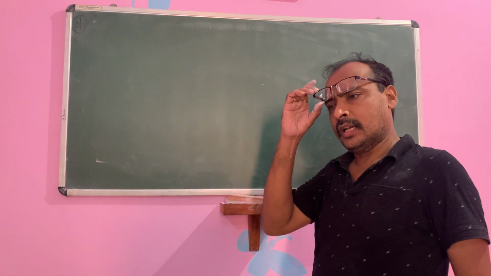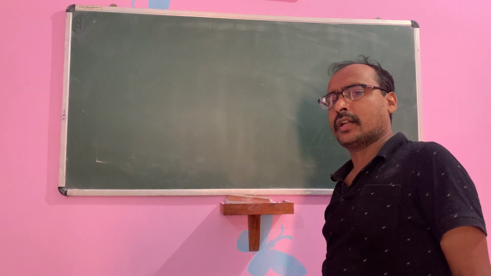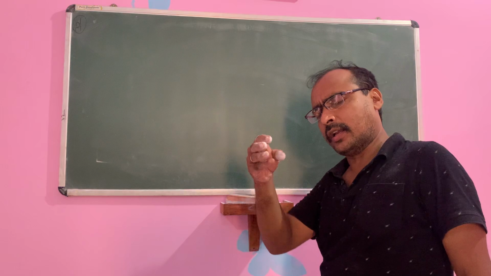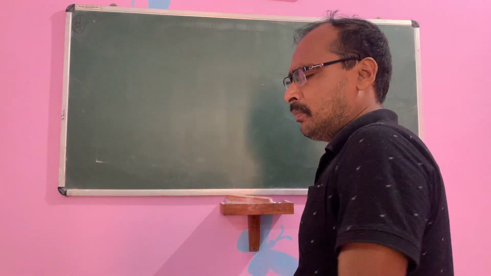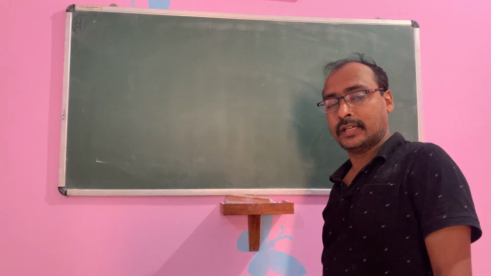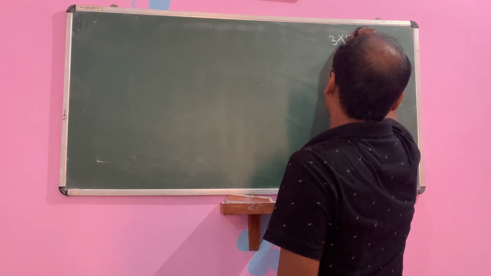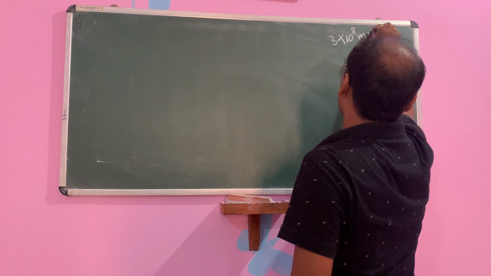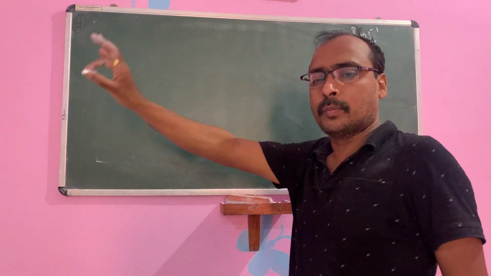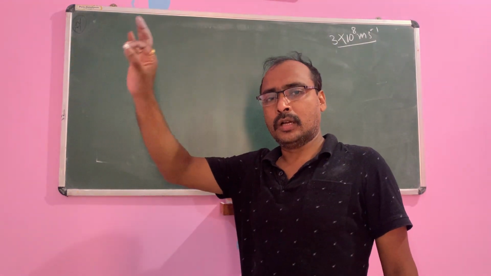First characteristic, the speed of electromagnetic radiation is equal to that of light, since light is also electromagnetic radiation. So what is the speed of light? That is approximately 3 into 10 to the power 8 meters per second. All electromagnetic radiations have the speed of light.